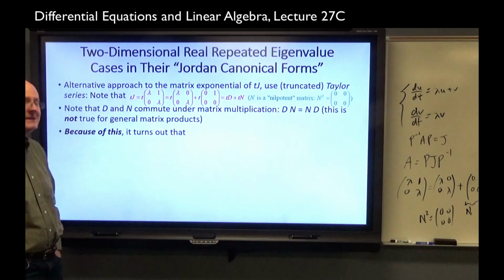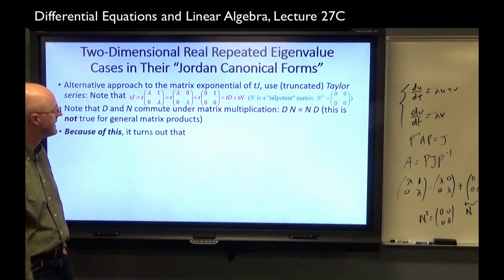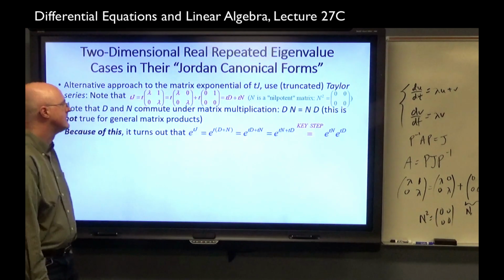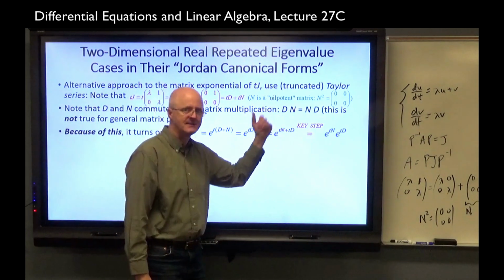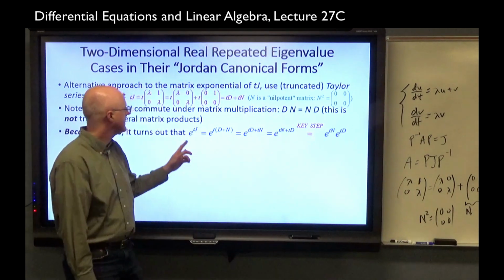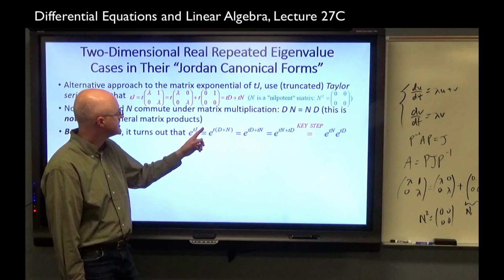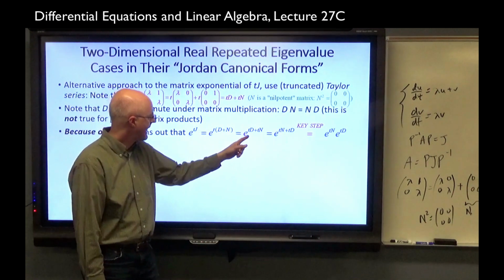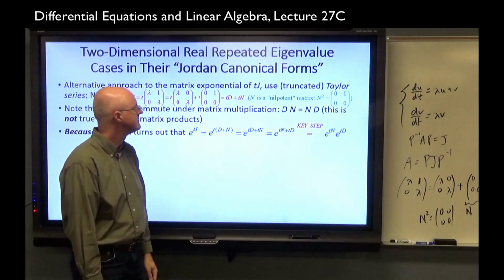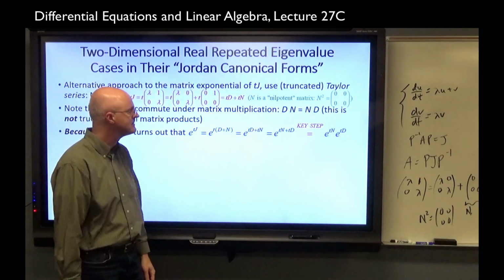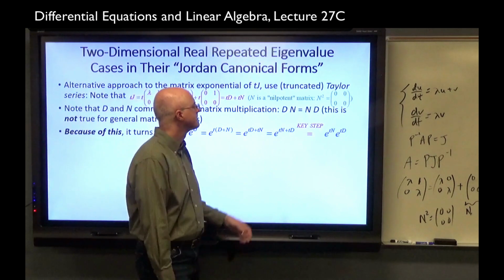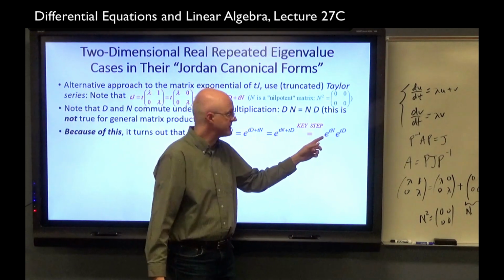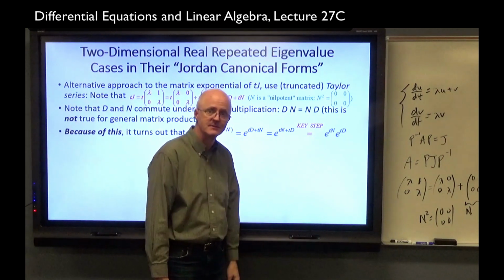Because N and D commute under multiplication, you can write the following line. The key step right there is because of the fact that they commute. E to the t times J, because J is D plus N, can be written this way. I can multiply the t through like that, and I can also rearrange the order on top, which I did for a reason. Then this is an exponential of a sum, and it should make some intuitive sense that it's the product of the corresponding exponentials.